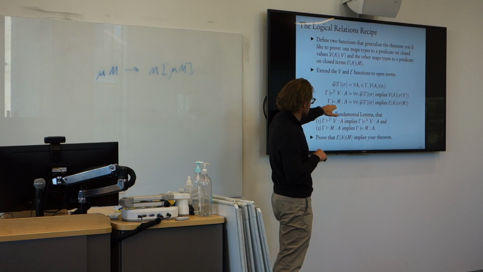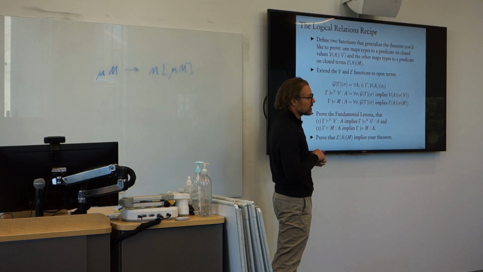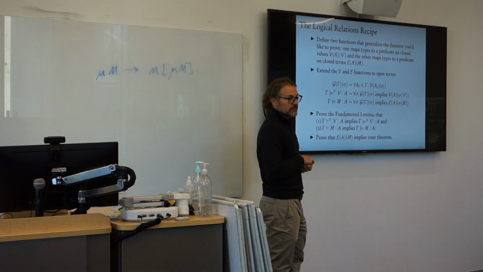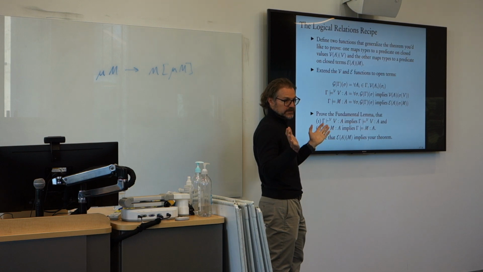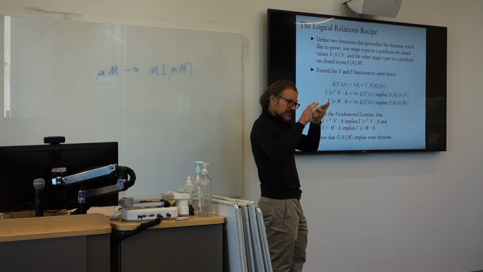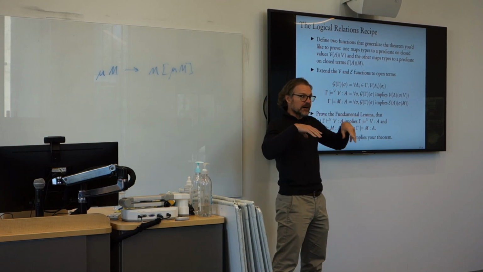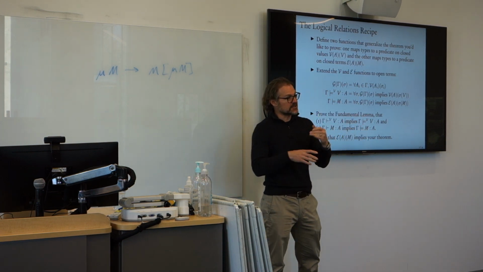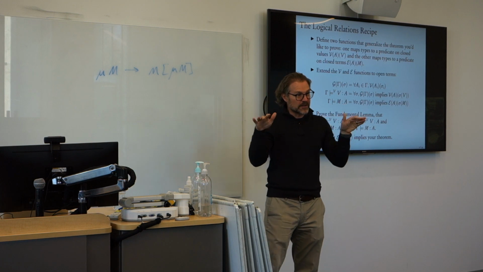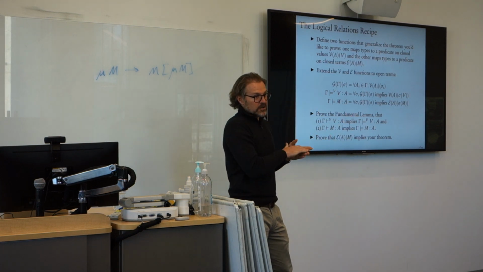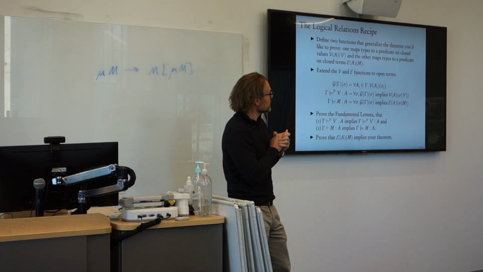Similarly for values. So that's how we go to open terms. Now we have lots of free variables in those terms, and the idea is that we can close them by applying the substitution. We just have to say that substitution needs to map variables to well-behaved values.